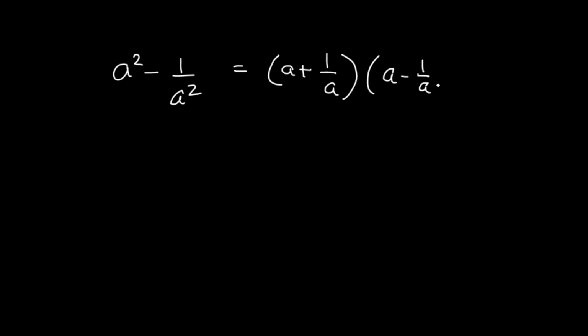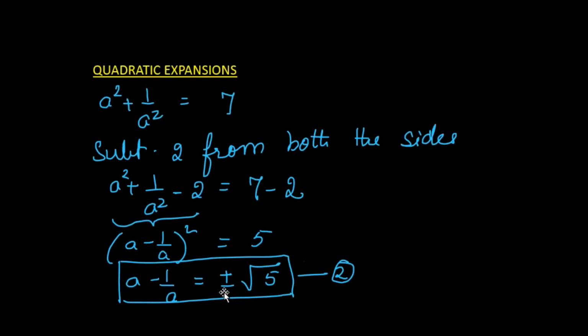Now a square minus 1 by a square. We know that whenever there is a difference of squares, we can write it as a plus 1 by a into a minus 1 by a. Okay, from equation 1, a plus 1 by a is plus minus 3 and from equation 2, a minus 1 by a is plus minus root of 5.